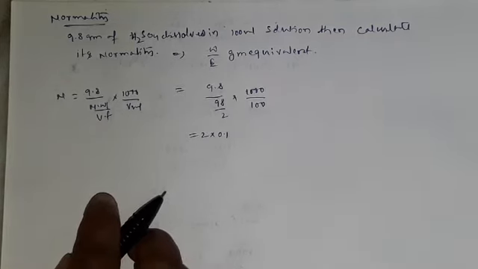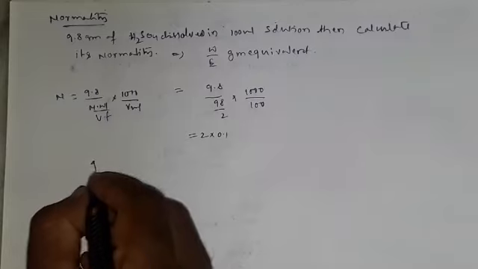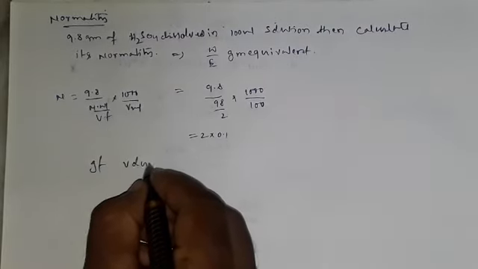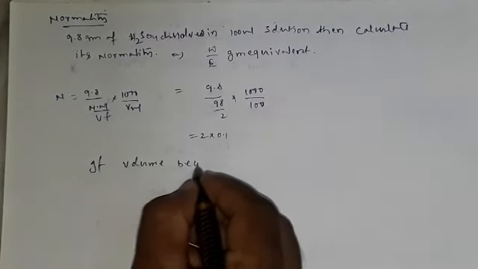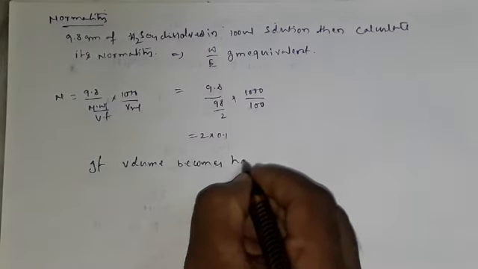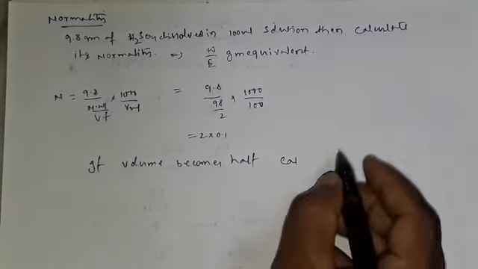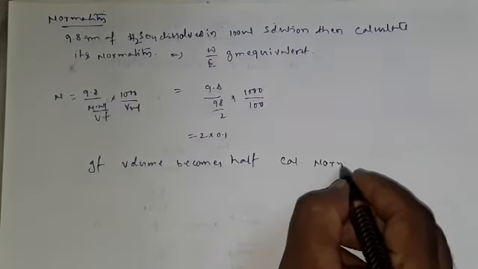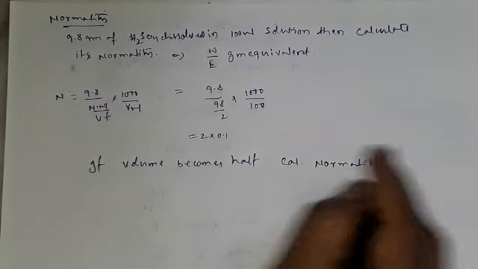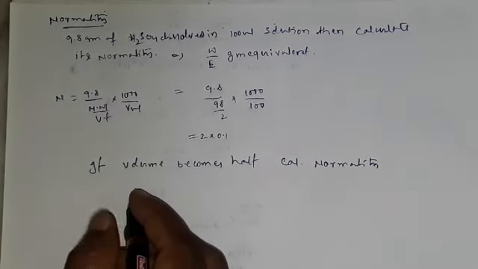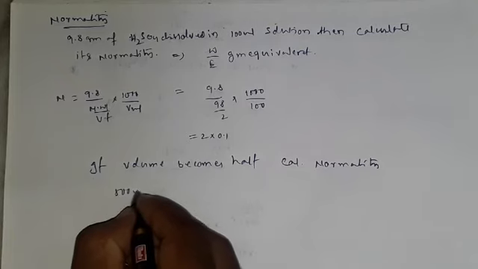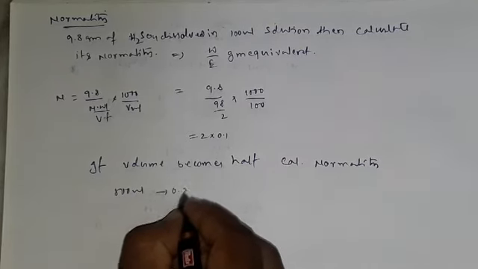In the above question, if volume becomes half, calculate the normality. If 500 ml, what is normality?